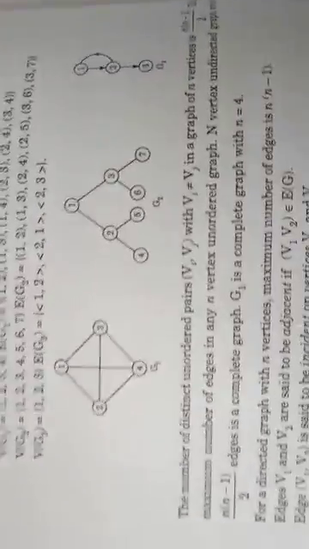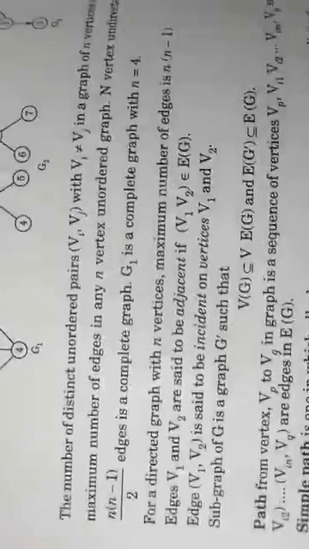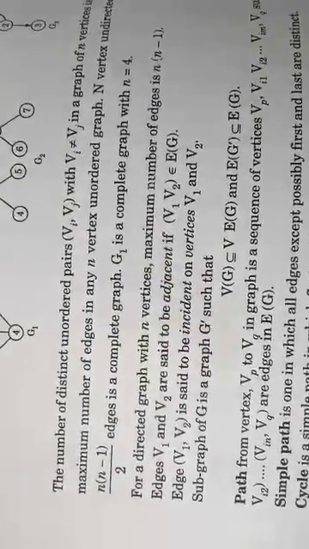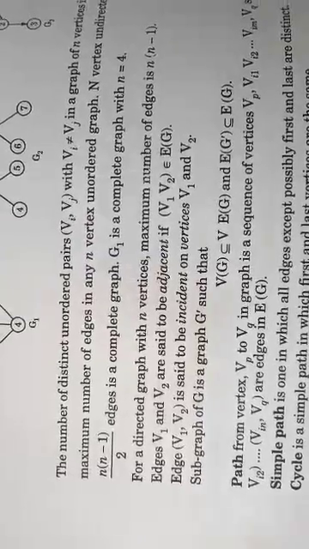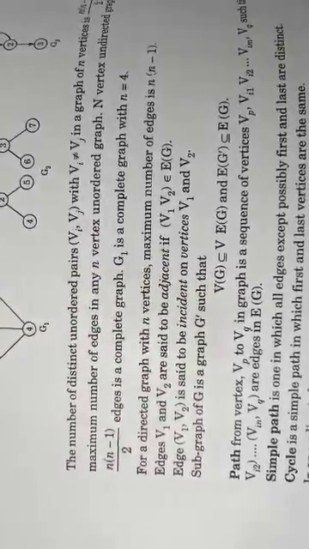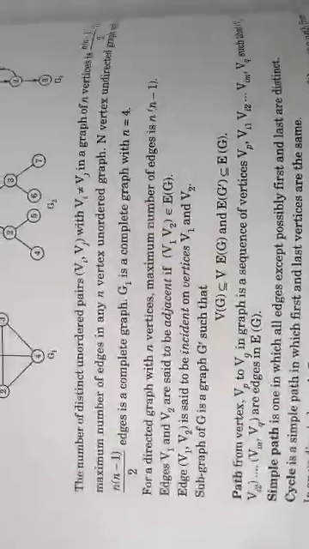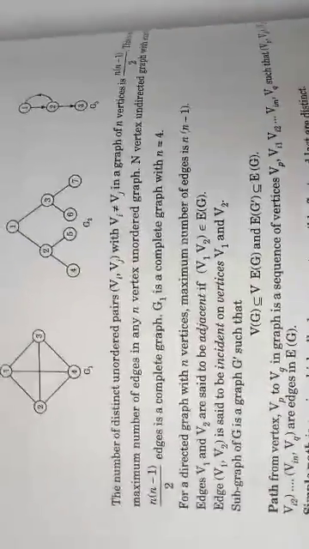Okay, next, the number of distinct unordered pairs Vi, Vj with Vi not equal to Vj in a graph with n vertices is n(n-1)/2.